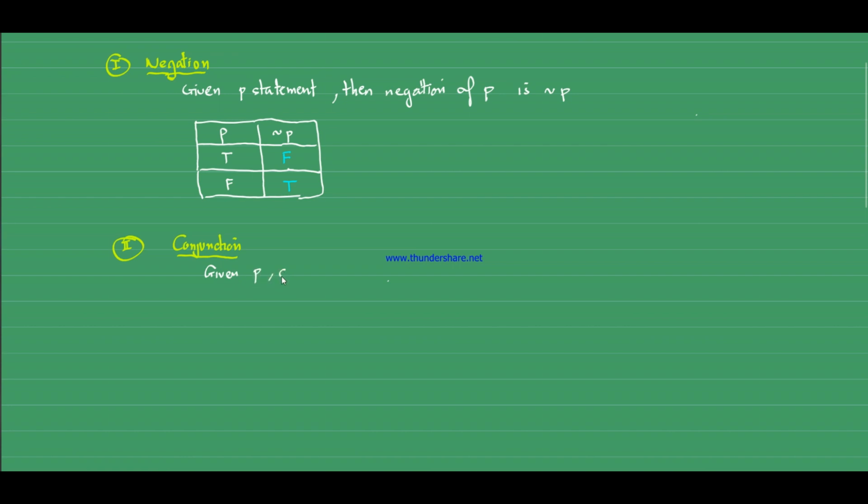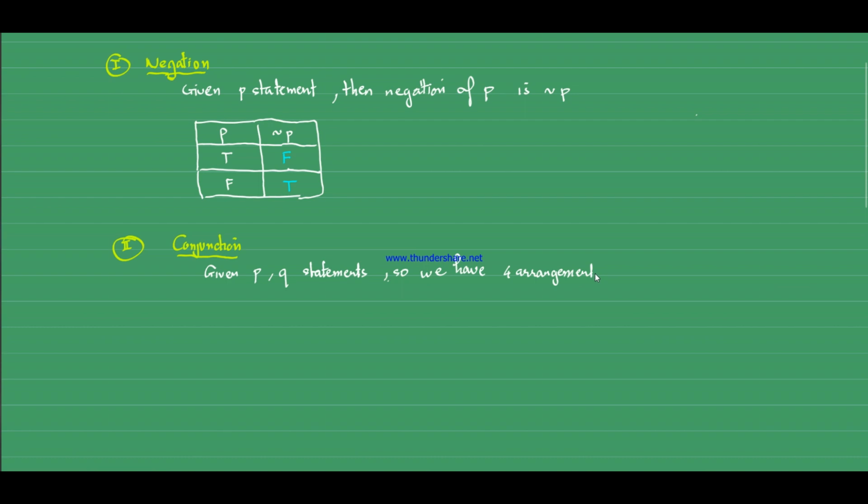Given P and Q statements, there are two simple statements to create a compound statement. Then how many arrangements will we have? We will have a total of 4 arrangements.